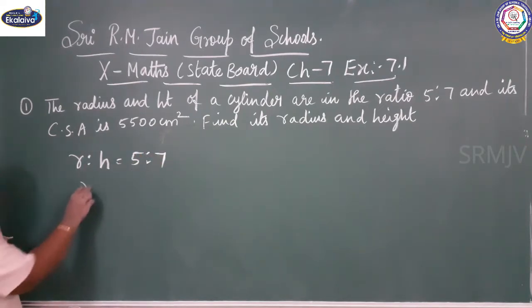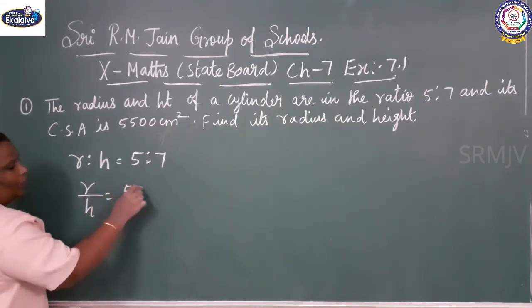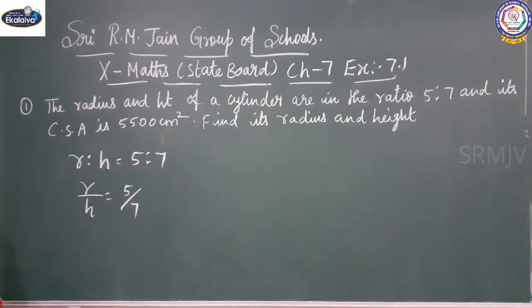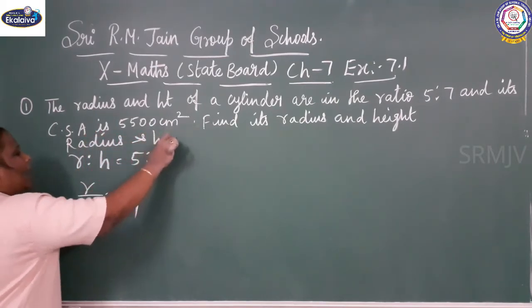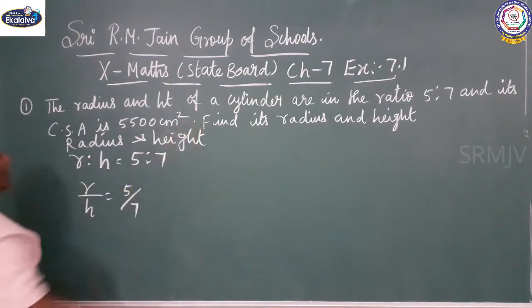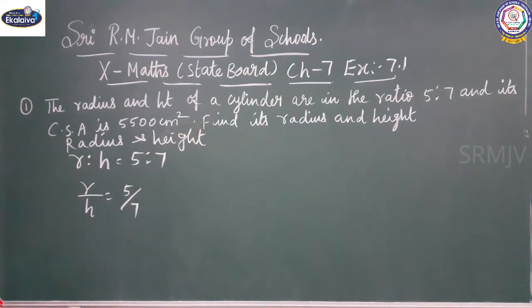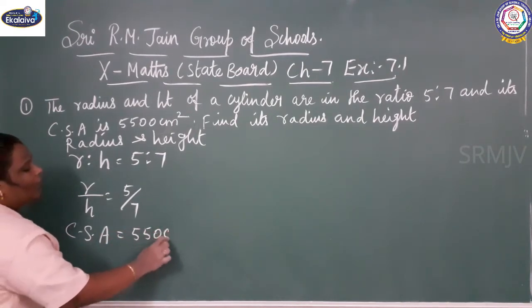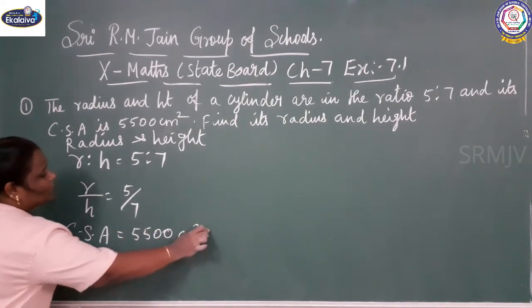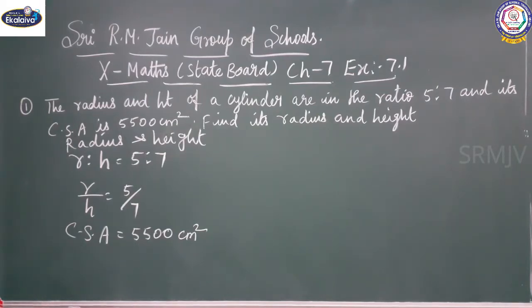You can write it as a fraction, r by h equals 5/7. r is the radius and h is the height. So r by h equals 5/7.